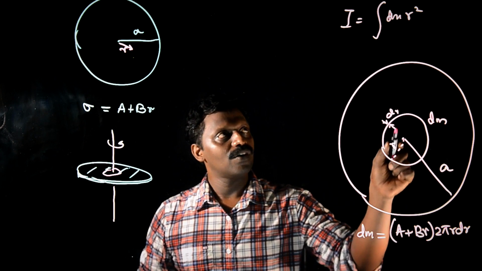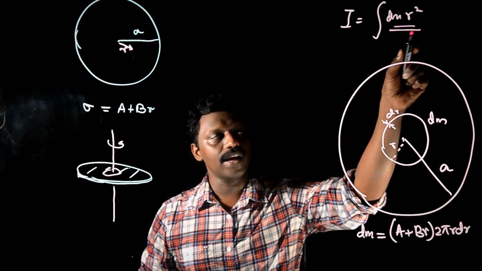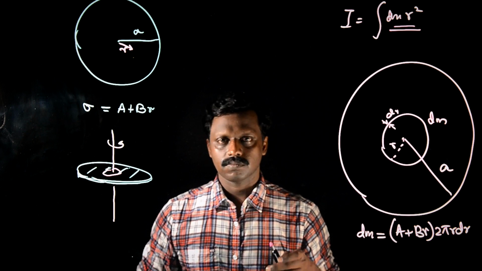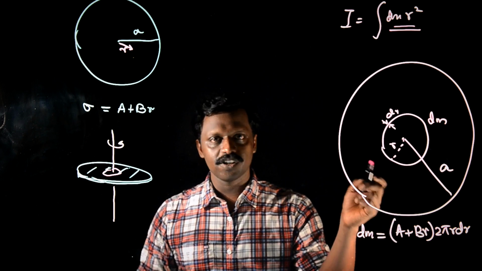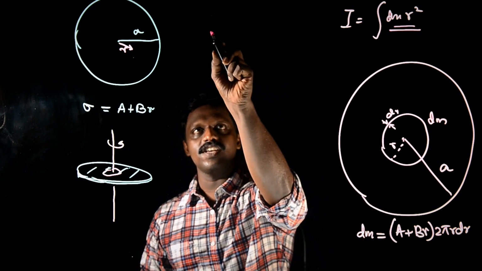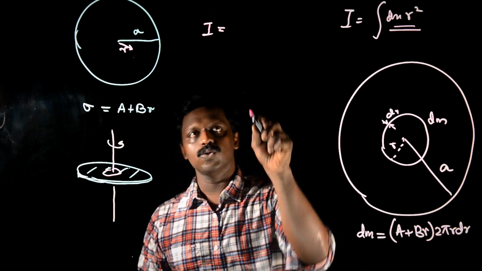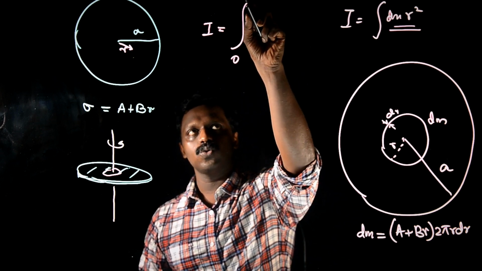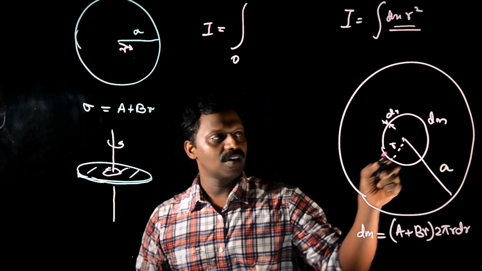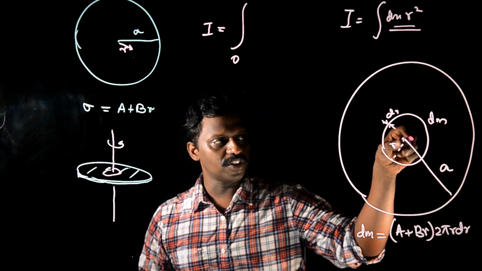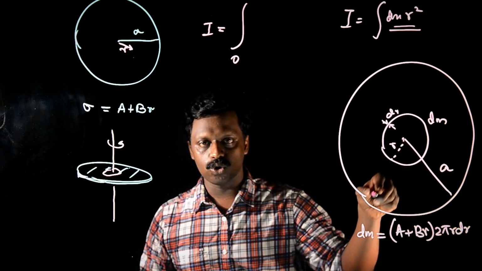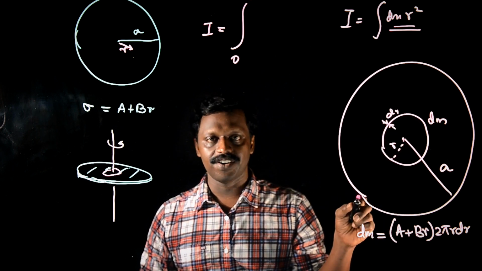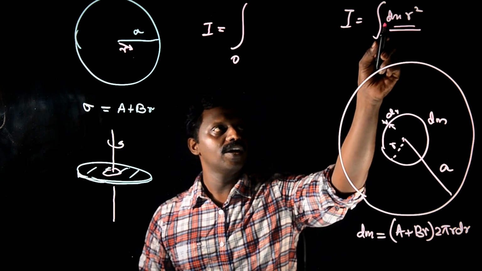Therefore, we have the formula equivalent to that of a ring. Thus, the moment of inertia of the disk about the given axis is I equal to integral 0 to A, as the radius of the strip is increasing from 0 to A to constitute the entire disk, integral 0 to A dm r square.